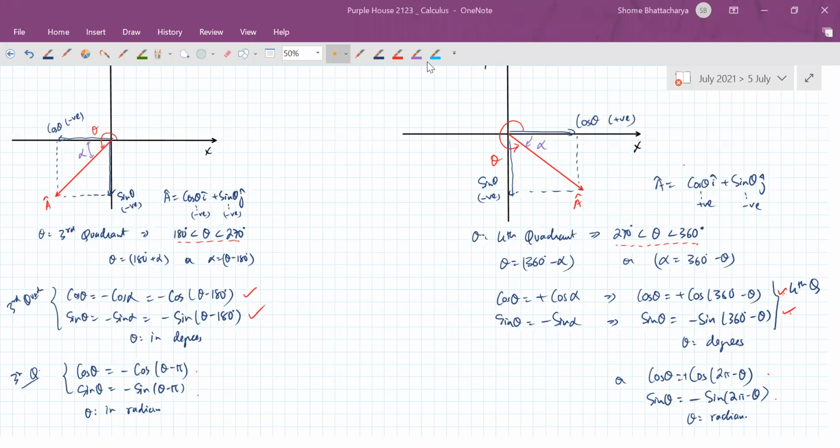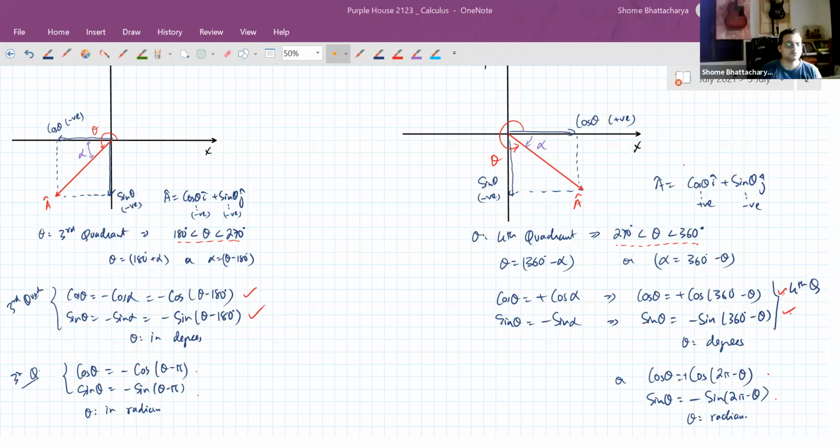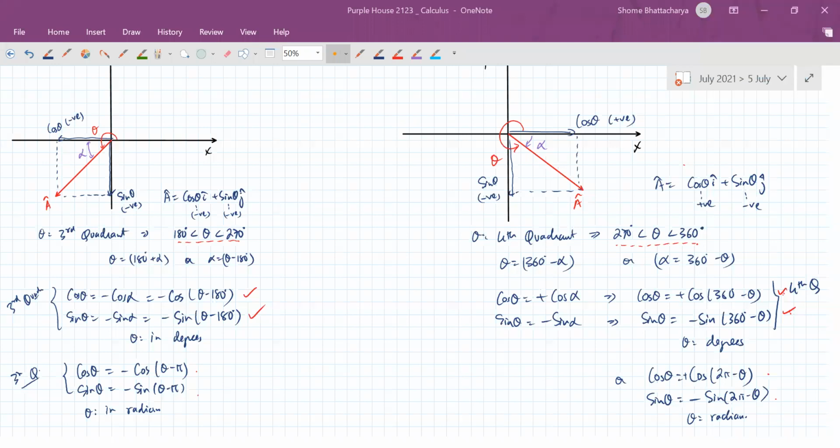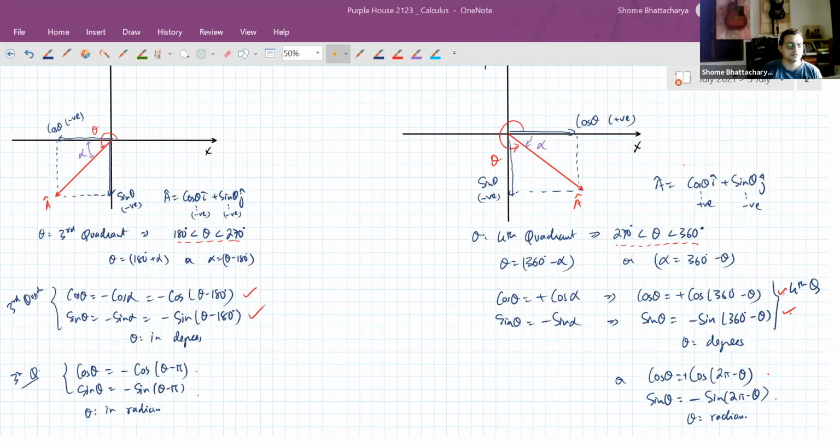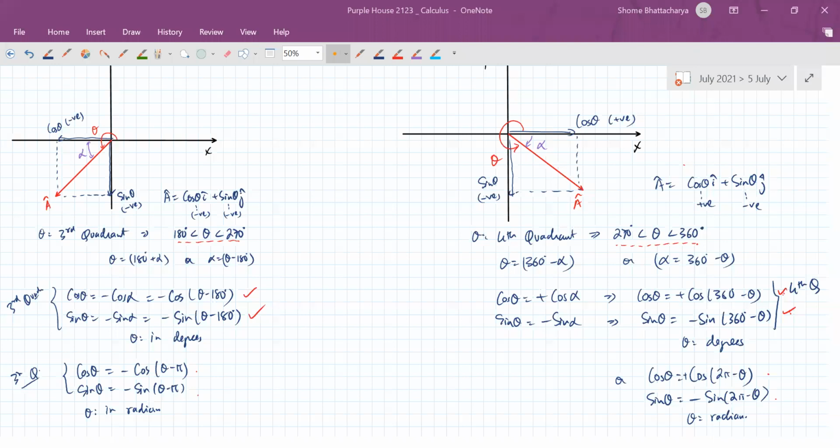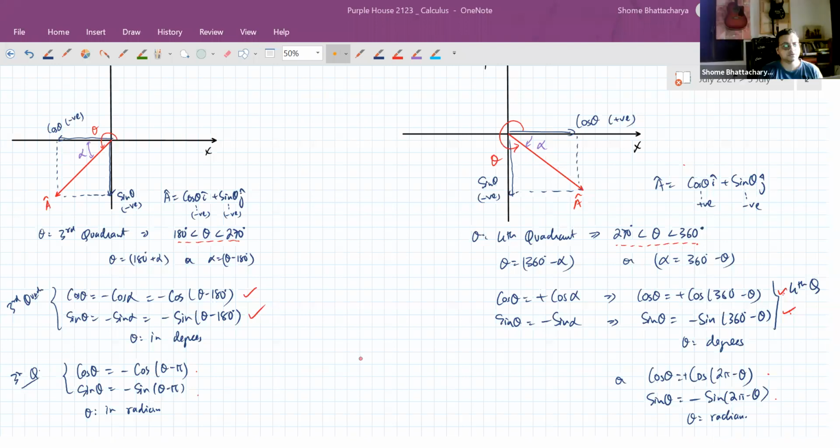Actually, I was going by the formula like in maths. It's the same formula in maths, beta. See, now 360 is equivalent to 0. So that is why we can also write sine of 360 minus theta as the same thing as sine of minus theta. So sine of minus theta will be minus sine theta. But there is another minus sign. See, you are confusing the theta with the alpha here.